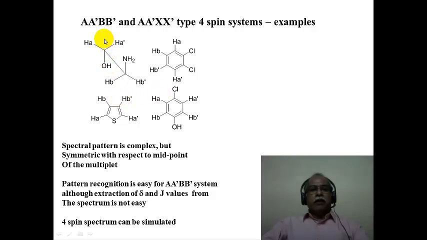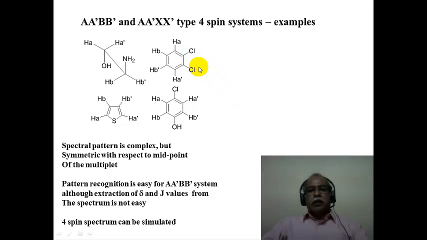If we consider disubstituted ethylene compounds, because the average dihedral angle between HA and HB and HA and HB prime is not the same, geometrically the relationship between HA and HB and HA and HB prime are different. So HA and HA prime, HB and HB prime represent a chemically equivalent but magnetically different spin system in terms of A and A prime, B and B prime.